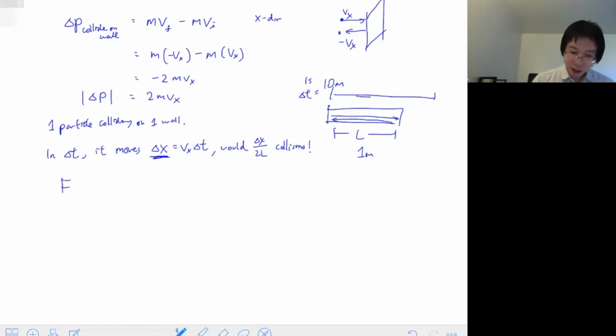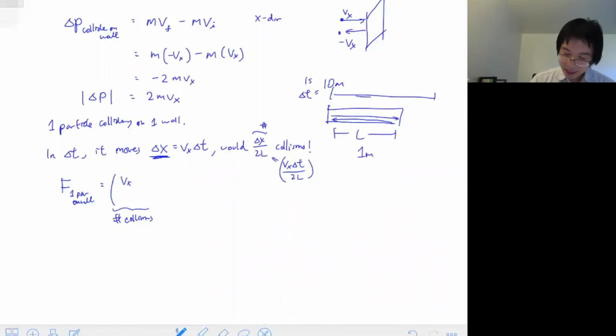So the force of one particle on the wall is the number of collisions, which we can write as Vx delta t over 2L. This is the number of collisions.